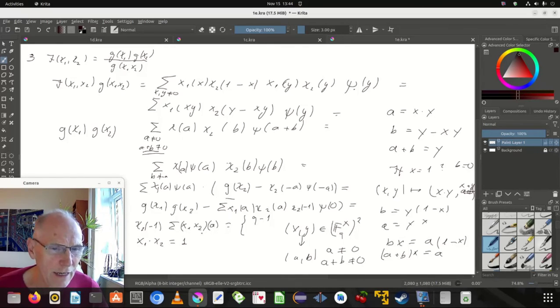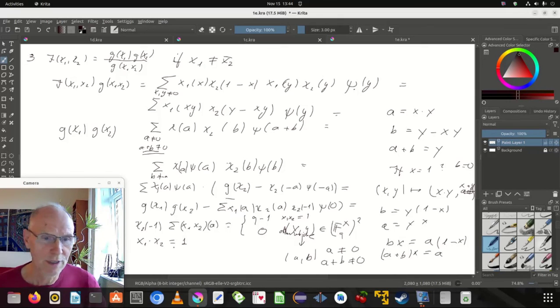If it's any other character, then the sum will give naught. And that's why there was this condition, which I forgot to write up here. It only holds if chi 1 is not the same as the inverse of chi 2. And that's what ensures that this doesn't happen. So that solves problem 1.